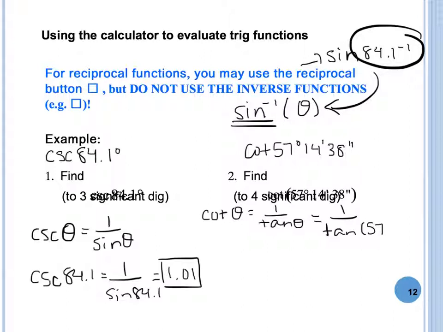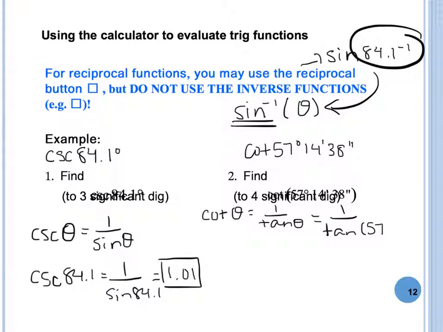So we can do that for 57, we put the degree, then 14, we put the minutes, and then to put the seconds, if you look on your calculator, above the plus sign, it's in alpha, the green, there's the 2 lines for the minutes, so you have to press the alpha key to get that notation in there.